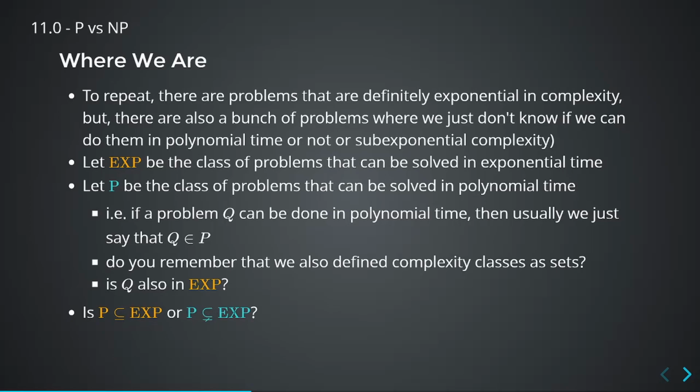Actually, we should use the second one, because this one here is saying that P cannot equal EXP. Because we know there are problems that cannot be done in P time. So P and EXP can't be the same set. Now, what I said in the previous slide, it's a lot easier to say now. I know that Q is in EXP, and I want to know if Q is also in P. Hopefully that makes more sense now.